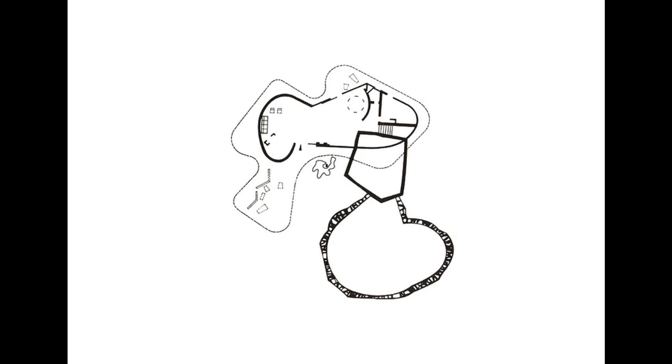So the walls and the roof are related but do not follow each other. The walls are independent from the curved slab. And I think it's really, really important.